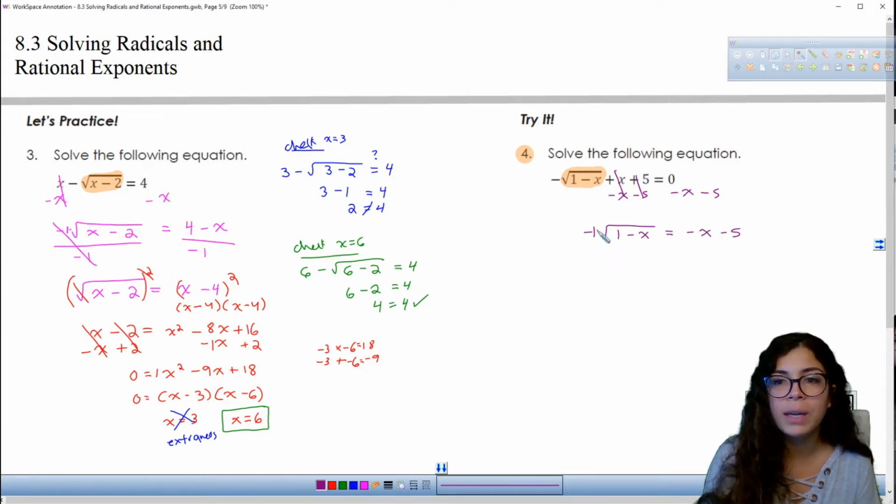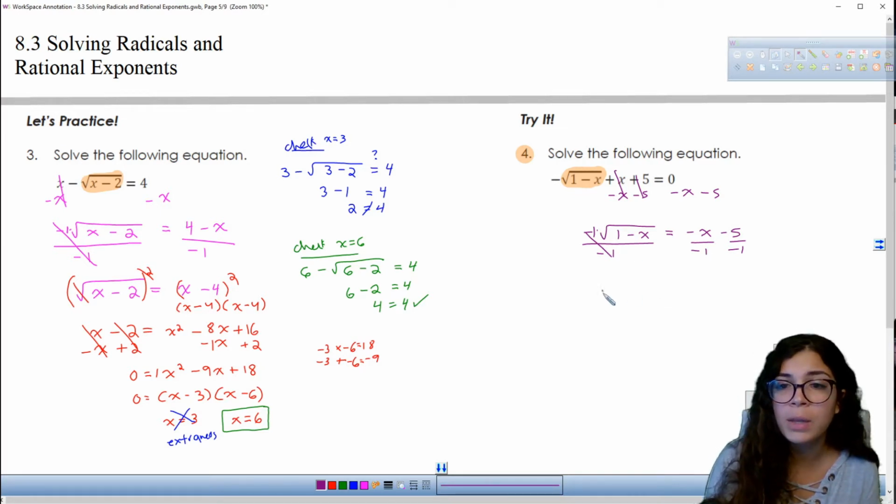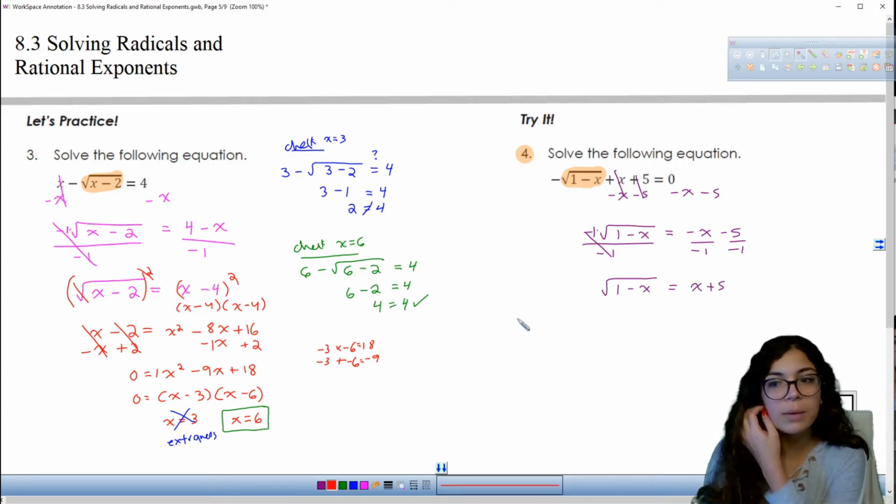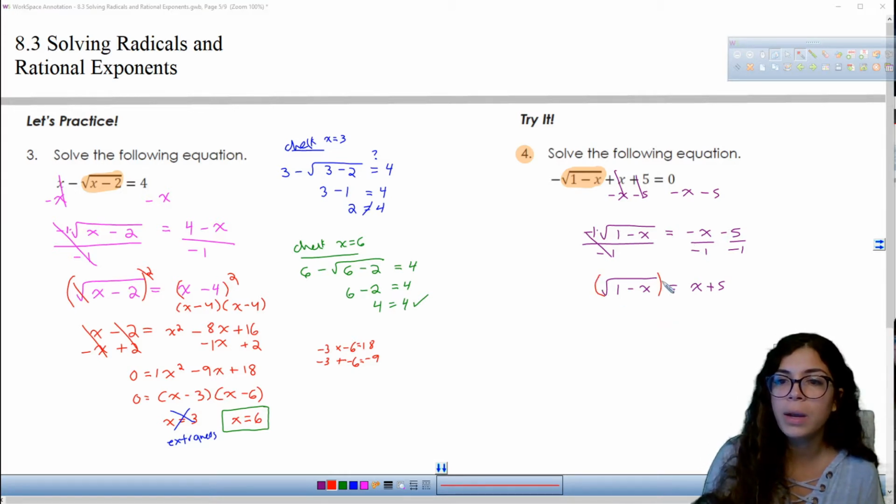Then I want to get rid of the negative 1, so I'll go ahead and divide by negative 1 on both sides. And remember, you do the division to every term, right? So on the left-hand side, we have the square root of 1 minus x, and on the right-hand side, we have x plus 5. Okay, from here, we want to get rid of the square root, so I'm going to go ahead and square both sides.